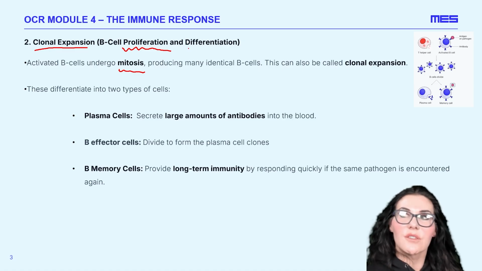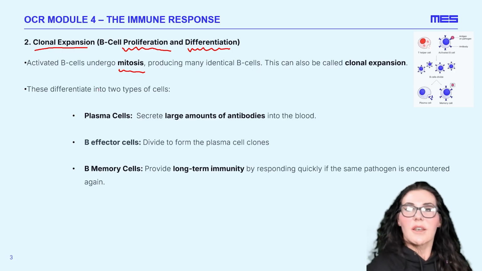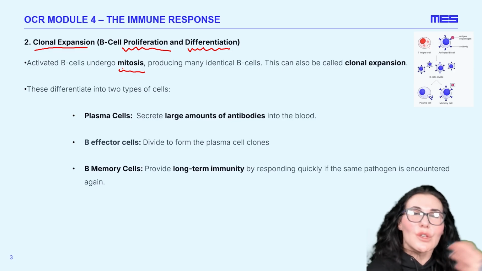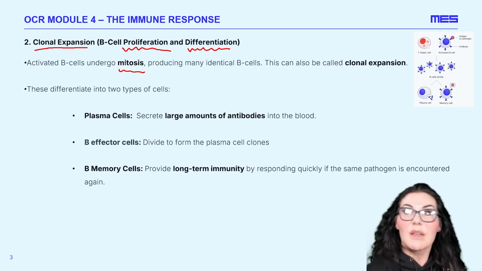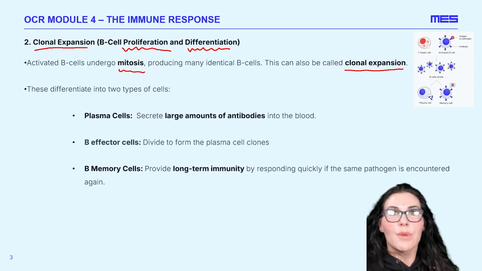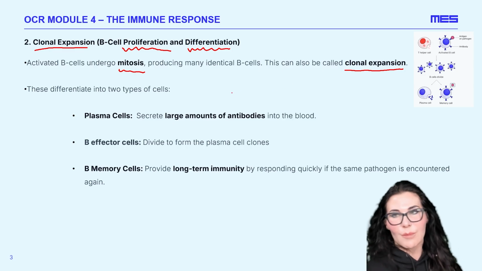Like with the T cells, they also undergo a little bit of differentiation. Now, just to remind you, when we get these fast mitotic divisions making loads and loads of the same, in this case, B lymphocyte, we can also call this clonal expansion. You're cloning one particular cell type hugely, so you get tons and tons of that same particular B cell.